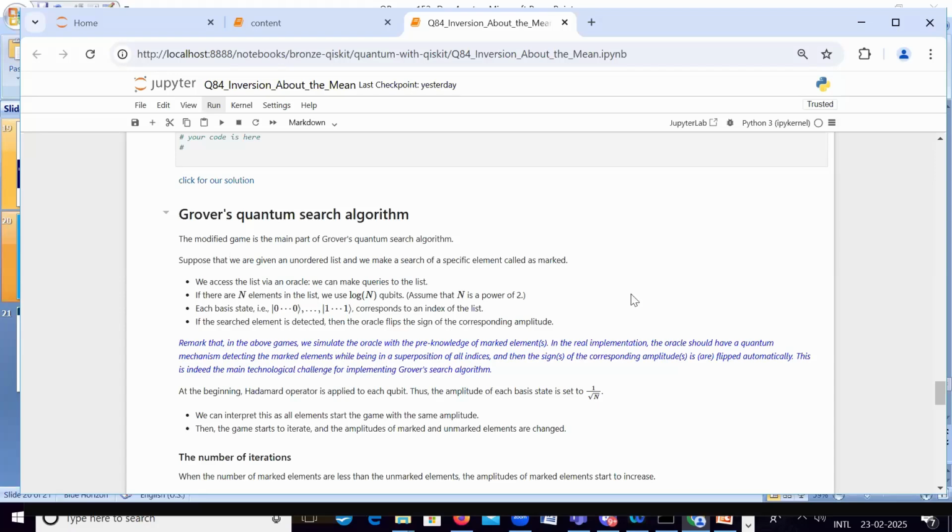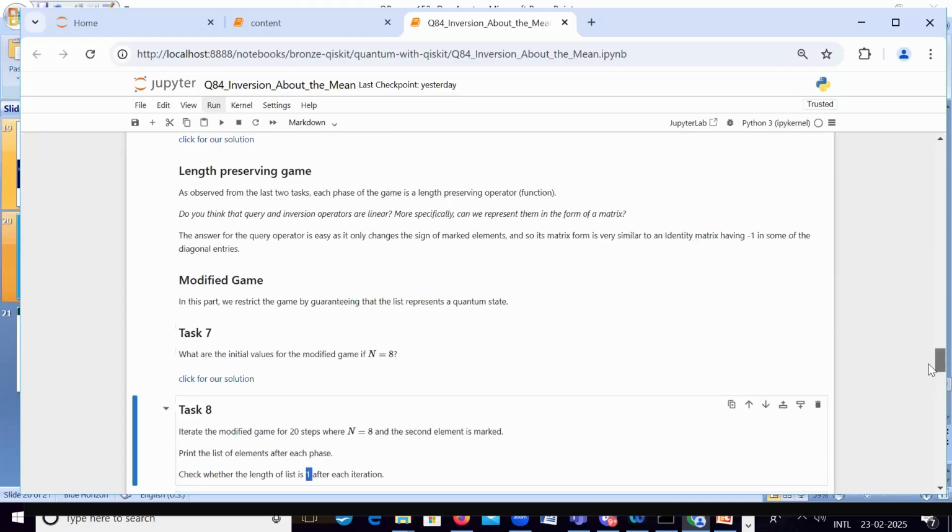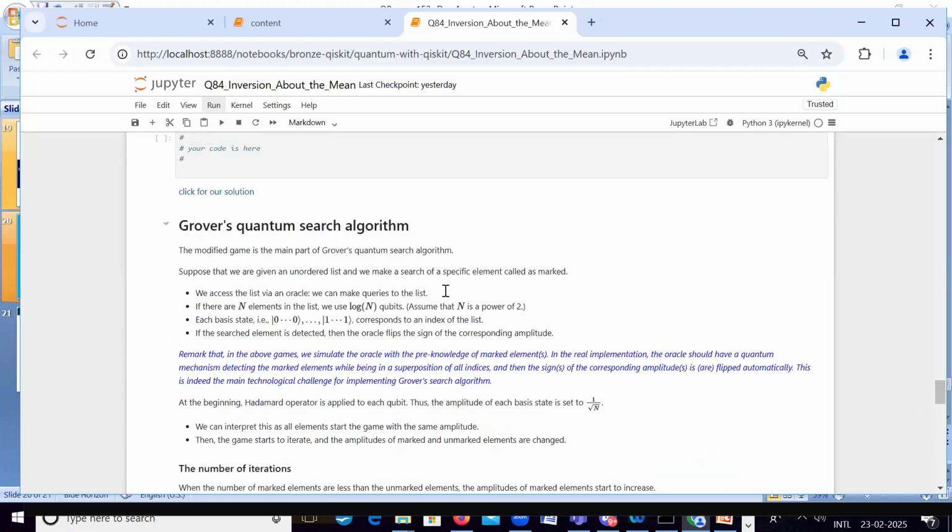The modified game, the above game which was modified here, is the main function or main part of the algorithm that we are going to see further. And here are some of the pointers. Suppose we are given an unsorted list, we make a search for a specific element, and that specific search is the mark.